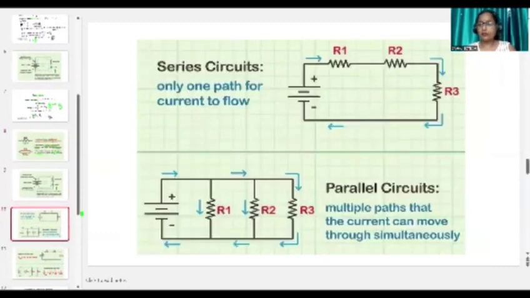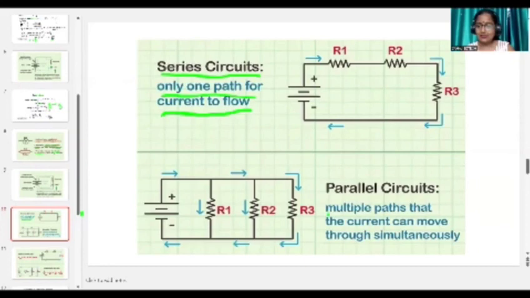Now, we are going to study about the circuits. Okay. There are 2 different kinds of circuit. One is series circuit, where only one path is there for the current to flow. Here you see, it is the same path, R1, R2, and R3. Okay.